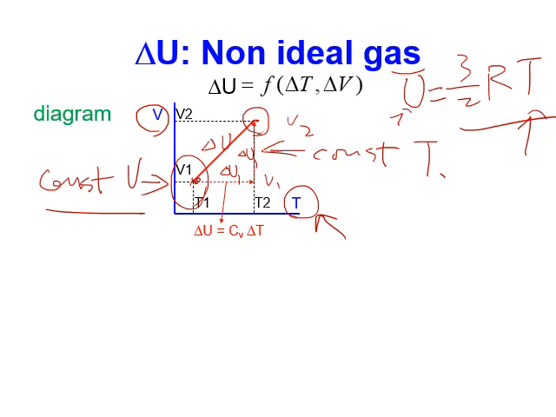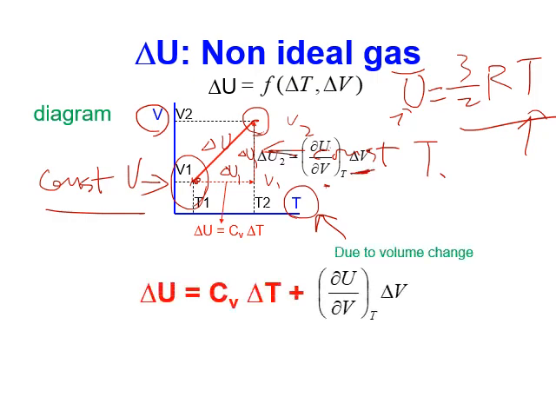However, if it's non-ideal gas, when you change volume, the internal energy also changes. In calculus, we can write this as the derivative of internal energy over volume, which is how fast internal energy changes with volume, times the volume change. So the total internal energy change from T1 V1 to T2 V2 is the sum of these two: one due to constant volume, and one due to constant temperature.